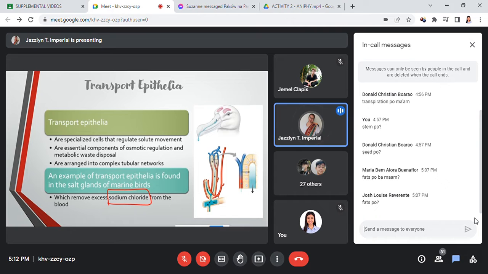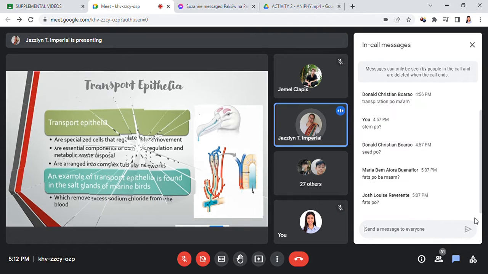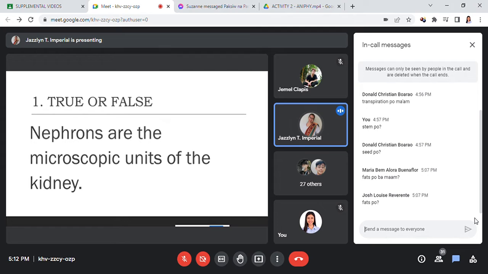Okay, so now we're done with the introduction. This was not in the introduction, class, but it is general knowledge. So, true or false for number 1, please answer in your messenger. For those who have an idea from zoology about the excretory system, what is the nephron?